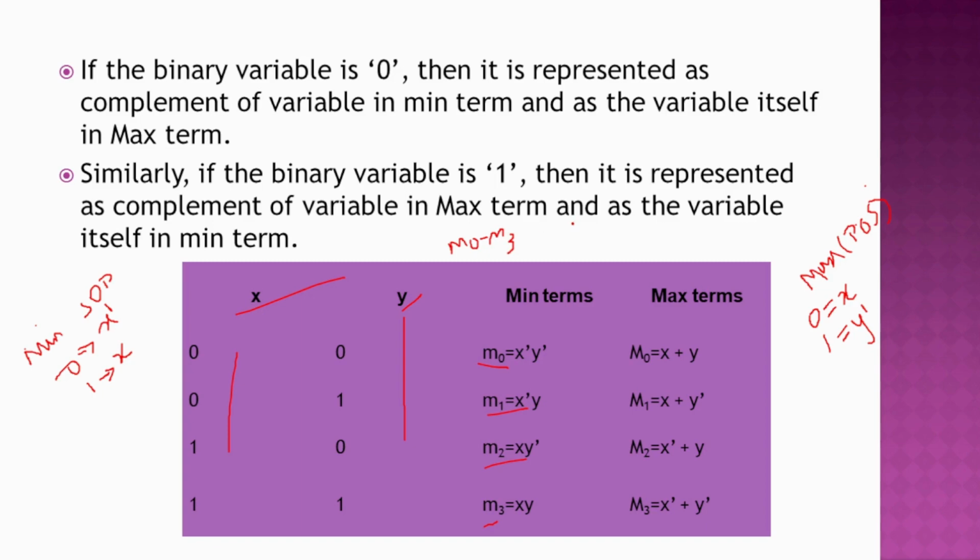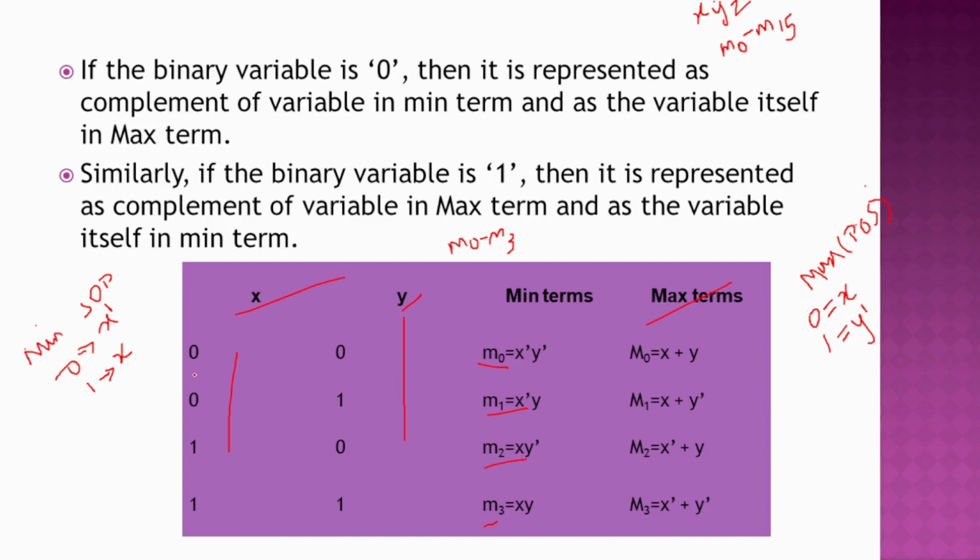If you have three variables, that is x, y, z, you need to find values up to 15. In minterm you need to find m0 to m15. Minterm is mentioned with a small m and Maxterm is mentioned with a capital M.